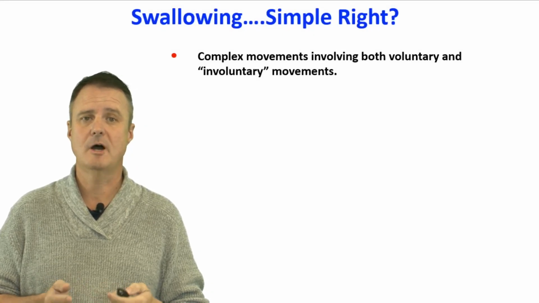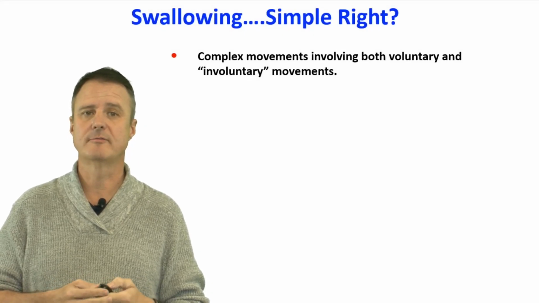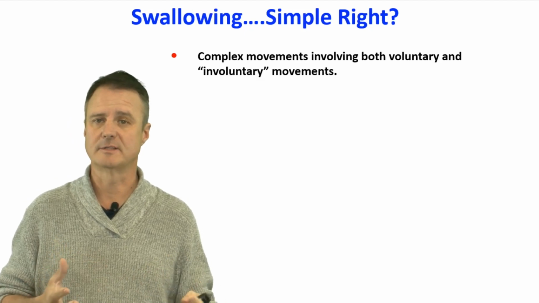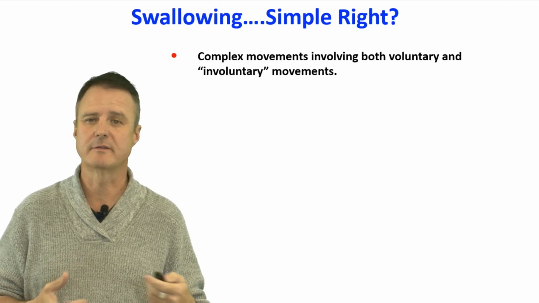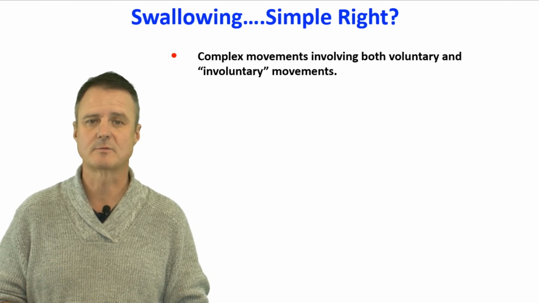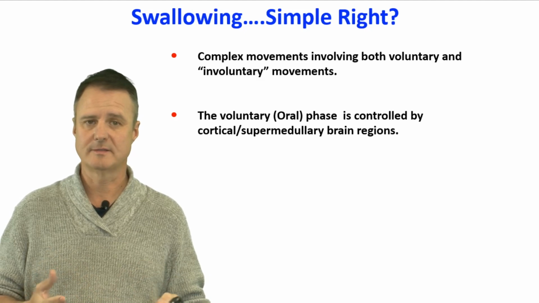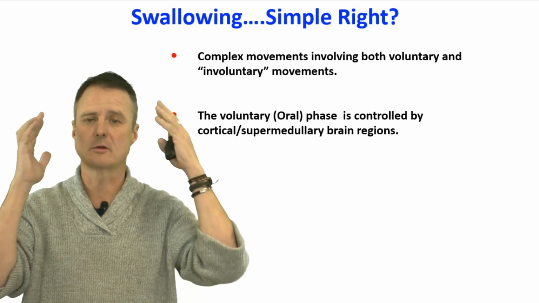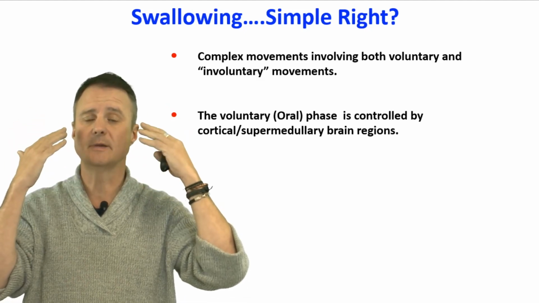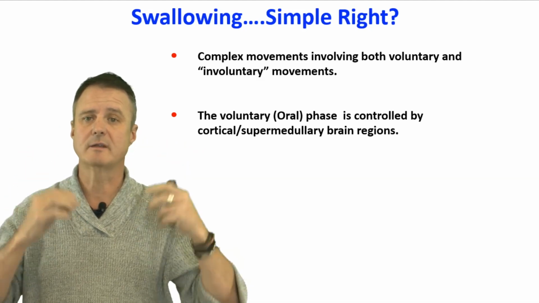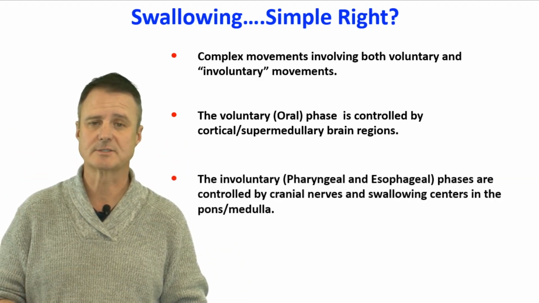So it's complex movements involving both voluntary and involuntary movements, and we'll talk more about that when we get into the neural substrates of swallowing. The voluntary, or the oral phase, is controlled by cortical and what we'll call supramedullary brain regions, and we'll get to that in the next lecture.